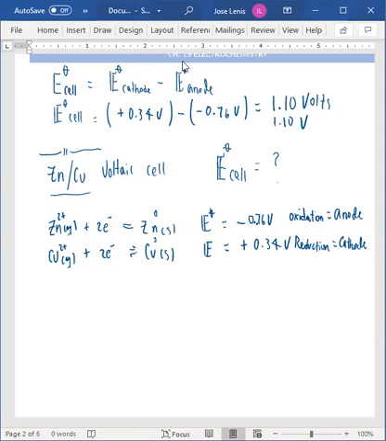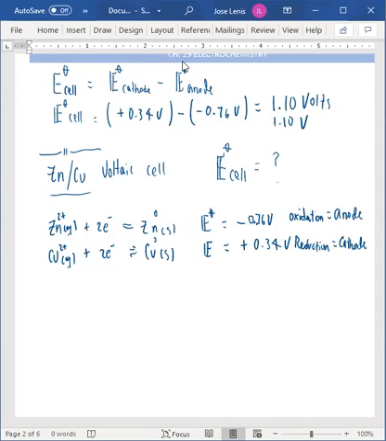So the one with the larger reduction potential will gain electrons and undergo reduction. That's going to be copper 2 plus. And the one with the lower reduction potential will give up electrons and undergo oxidation. That's going to be the zinc.